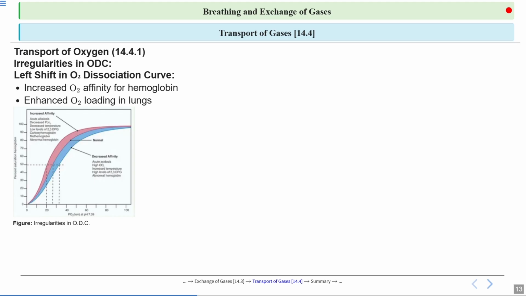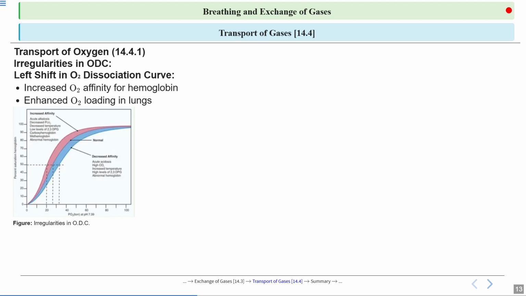Suppose the acid base balance is not properly maintained in the body, specifically when the blood pH is higher than normal, that is above 7.45, right? So that is acute alkalosis, right? And it occurs with a rapid decrease in blood carbon dioxide or hyperventilation.